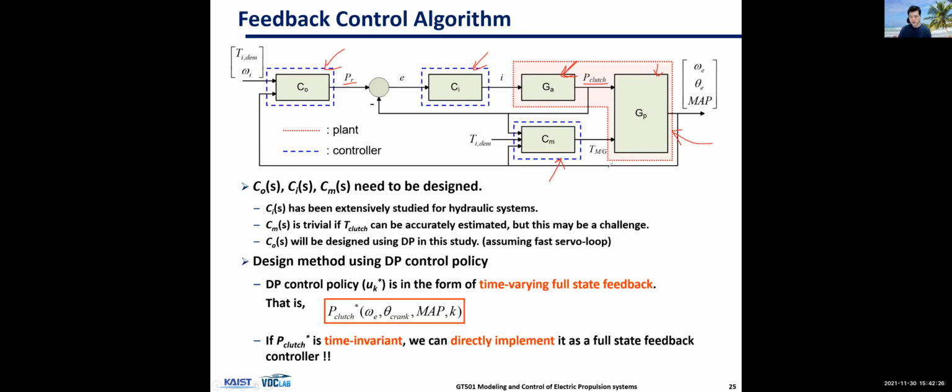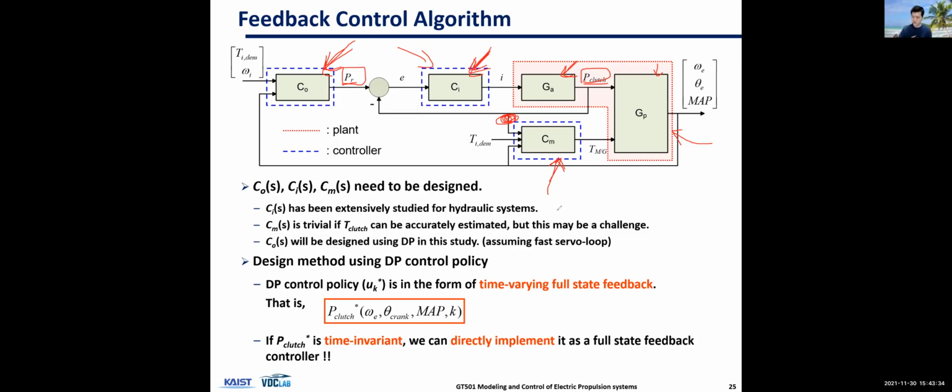This architecture is proposed because in many applications, you formulate this as an inner loop, outer loop formulation, meaning this actuator controller focuses on tracking the reference clutch pressure, and you can decouple designing this controller and that controller, assuming this is faster than that dynamics. Then the motor controller can focus on the NVH problem, filtering out some of the fluctuations, and also canceling the clutch torque induced by the clutch pressure.